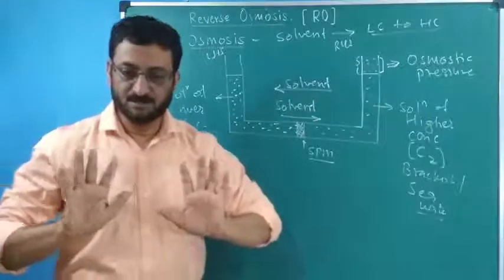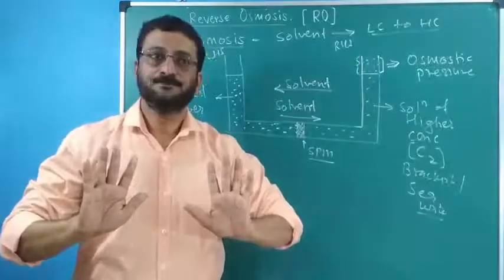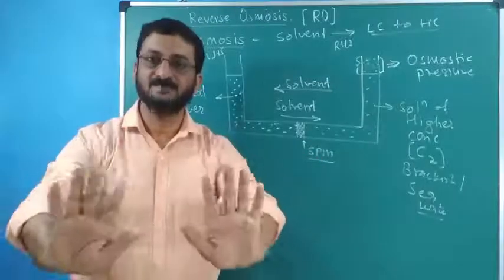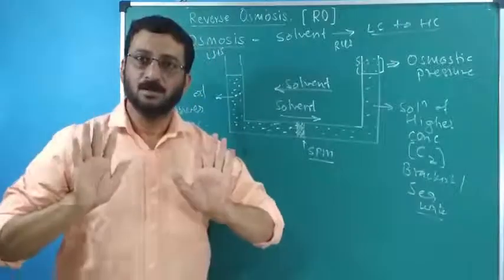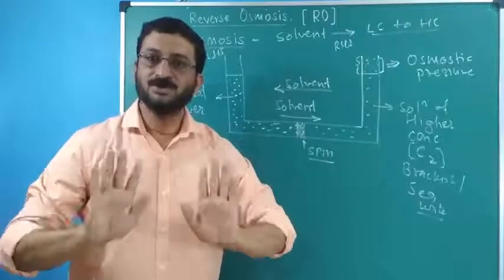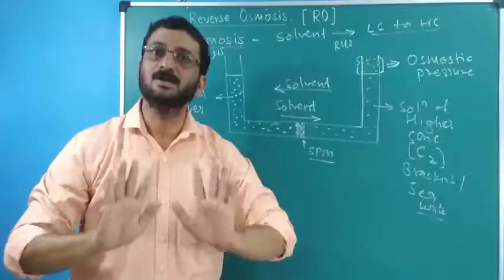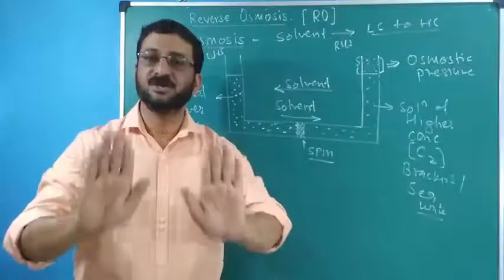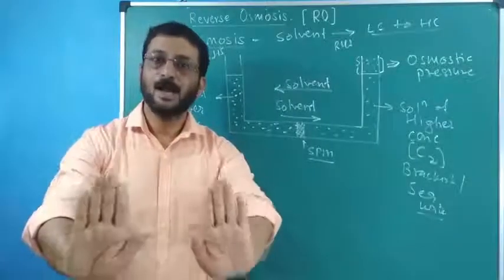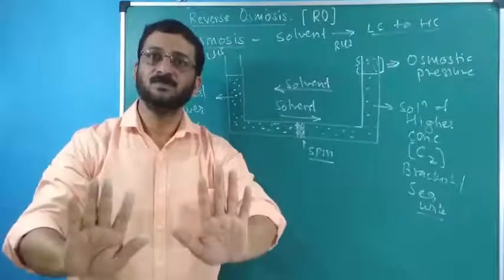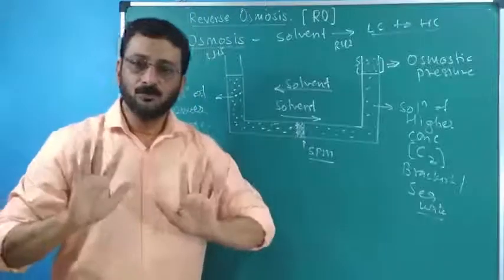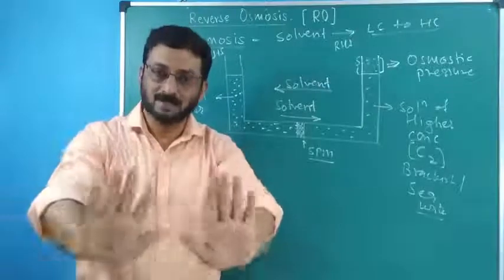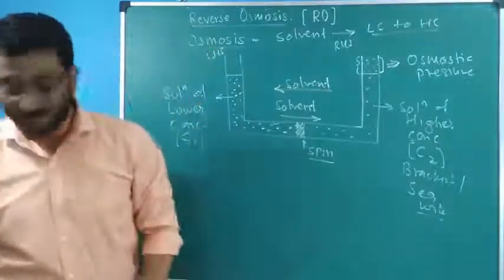Suppose this is a solvent, and my hands are moving from this to this. When you apply pressure lower than this, my movement will continue, so there is a movement of solvent from this to this. When you apply equal pressure, then I may get stopped. At one point, you apply more force than this, then I will move back. My hands will come back. The same technique is simply applied here.